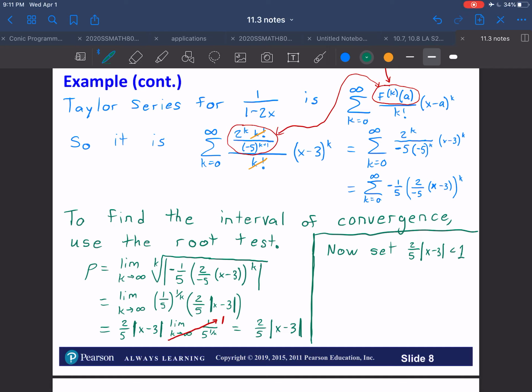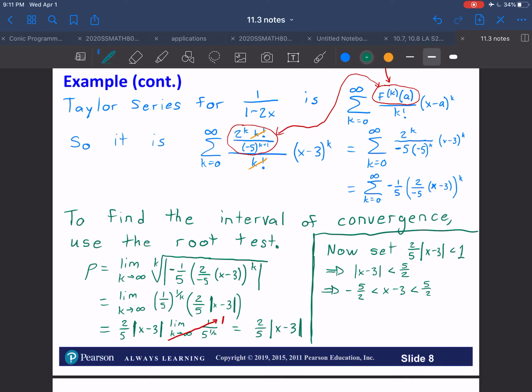And so we multiply both sides by 5/2. So we get that the absolute value of x minus 3 is less than 5/2. And then remember, if we have absolute value of a less than b, then we basically just have negative b less than a less than positive b. So we get that this is negative 5/2 less than x minus 3, which is less than 5/2.